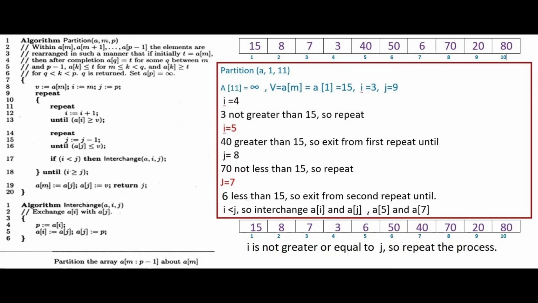A of 8 is 70. A of j less than or equal to v. 70 less than 15? Condition true. Sorry, 70 is greater than 15. So repeat the process. j is equal to j minus 1. j is equal to 7.